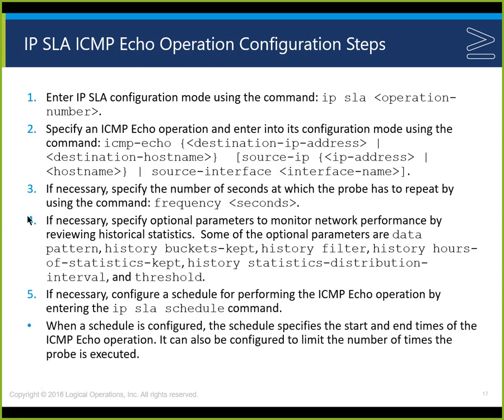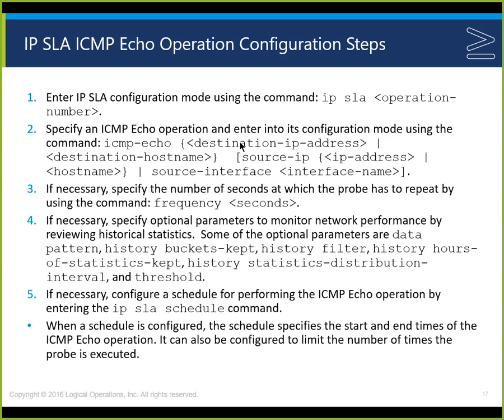The configuration steps. Enter the SLA configuration mode, IP SLA. Specify the echo operation. And the reason they're going through the configuration is we can schedule it. We can run it at different times of the day. We can have different numbers of echo requests that go out.